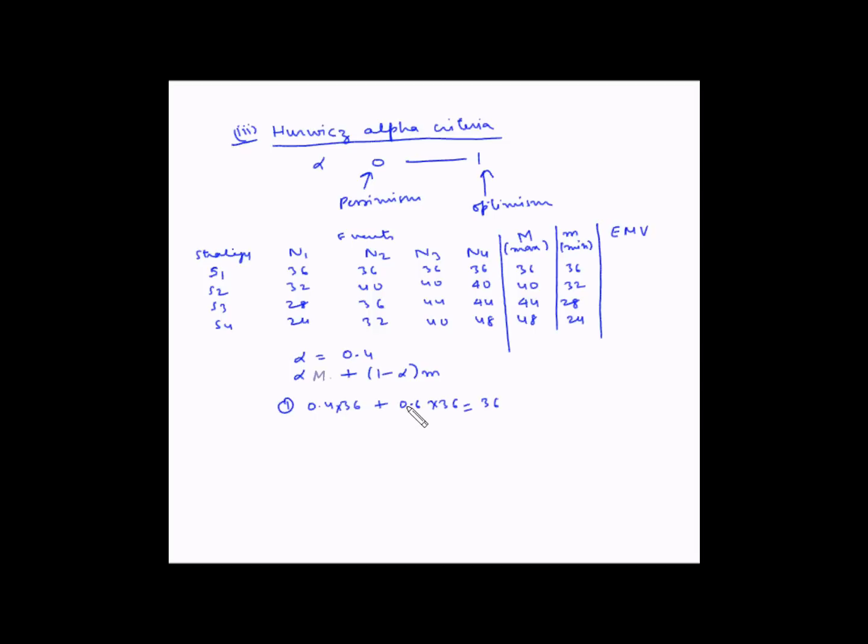Similarly, if you continue calculating all the expected monetary values, you'll find the following values: 36, 35.2, 34.8, and 33.6. Now, based on the EMVs, strategy S1 has the highest value of EMV. So our optimal strategy will be to choose S1, that is buy 9 magazines.